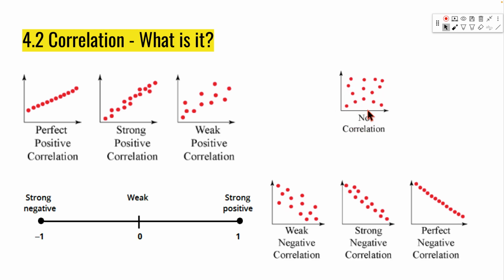This is the value of R that Desmos will calculate. If R is 0, that's no correlation at all. -1 would be a negative correlation and strong. Both ends of these are strong. So -1 would be a perfect negative correlation, and +1 would be a perfect positive, increasing correlation. In between, we get strong, moderate, weak, to nothing.